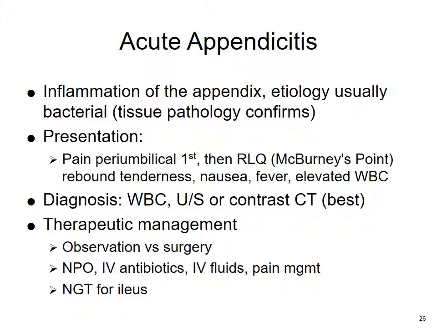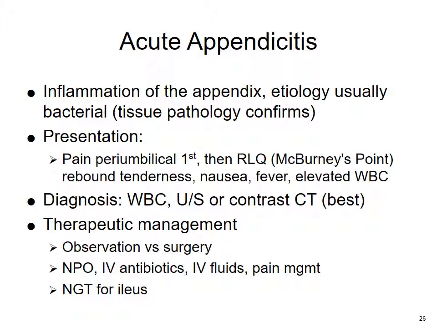So it really depends on the institution whether or not they're going to go to surgery once it has ruptured. The majority of cases, though, we are able to get them into surgery before it ruptures and then able to get them home in a day or so. For someone going into surgery, they're obviously going to be NPO before the procedure and immediately after.